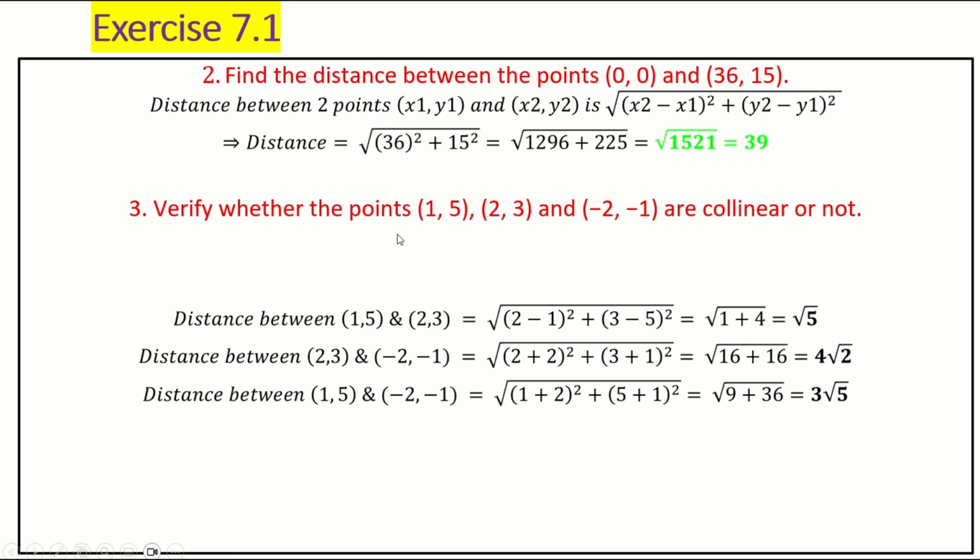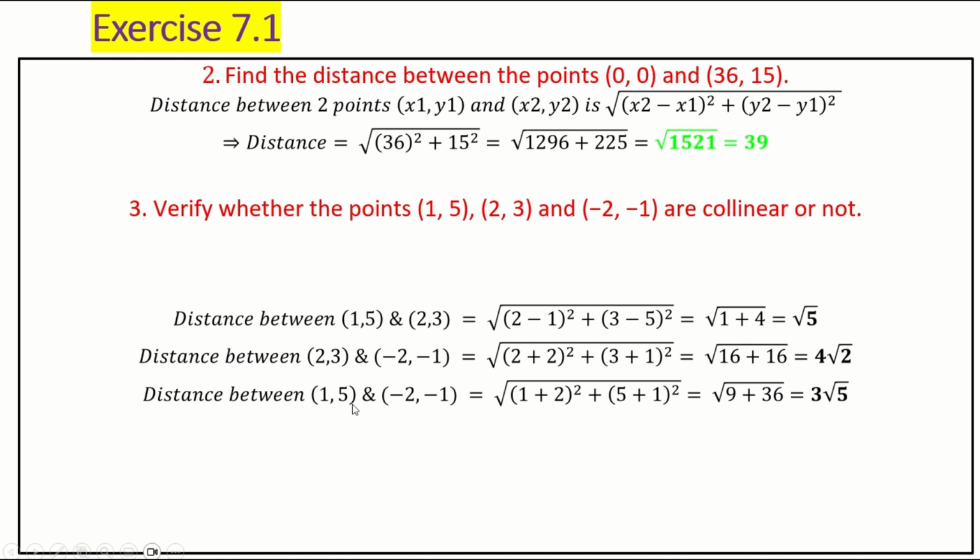Verify whether the points (1, 5), (2, 3) and (minus 2, minus 1) are collinear or not. We know the collinear rule. If they are collinear, sum of the two distances should be equal to the third distance. So distance between (1, 5) and (2, 3) is calculated here as square root of 5. Then (2, 3) and (minus 2, minus 1), it is 4 root 2.